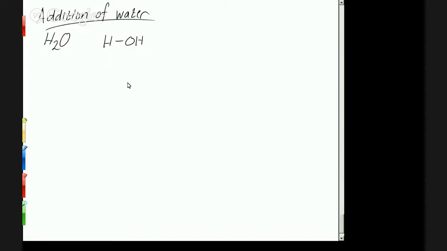Does anybody know what we need to do with that water to make it work? Anybody reading ahead? We can't draw the same exact mechanism because that hydrogen is not acidic enough. So we have to use some acid to help us along.